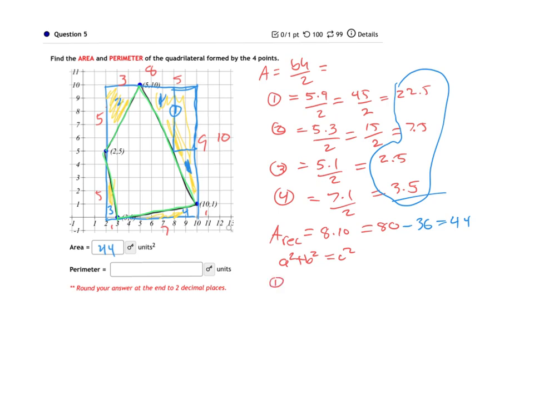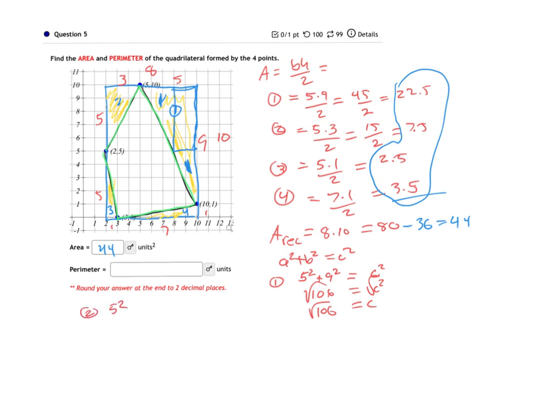So if we start with number 1, we will have 5 squared plus 9 squared is equal to c squared, so that equals 106. So when I do the square root of both sides, I'm just going to leave that as the square root of 106. Next, let's look at region number 2.